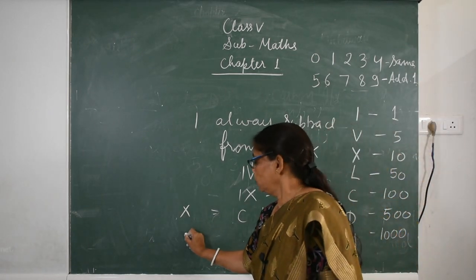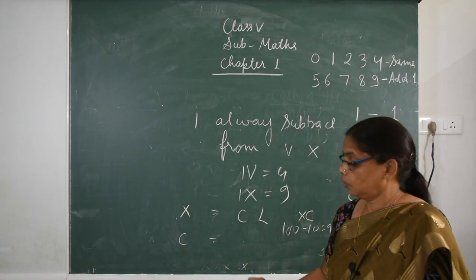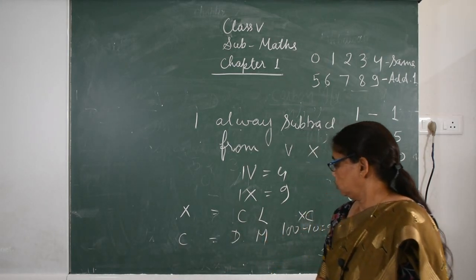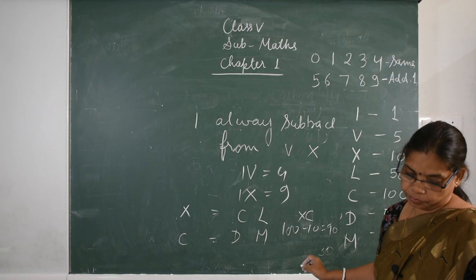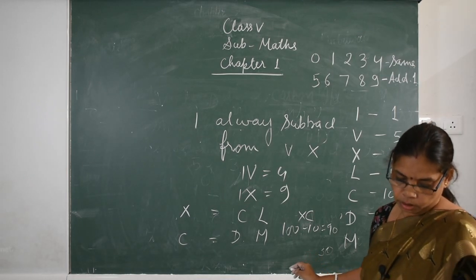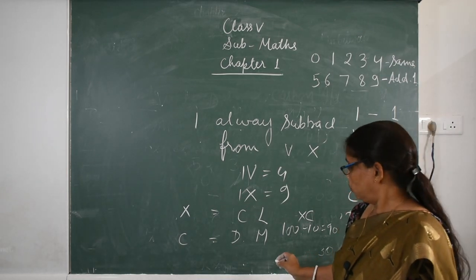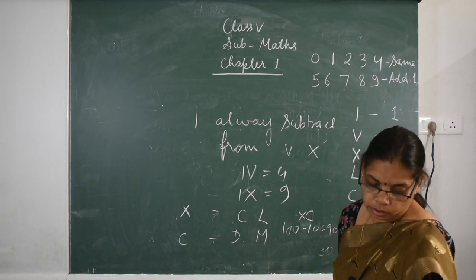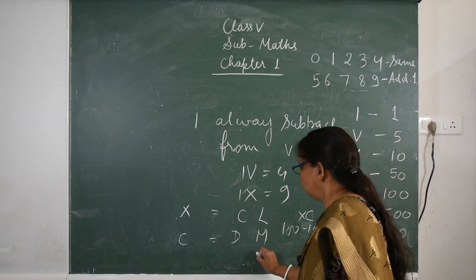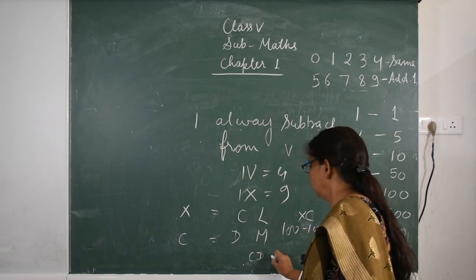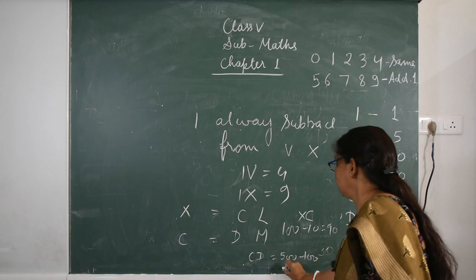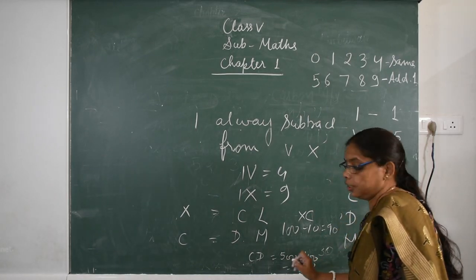And C subtracts from D and M. So 500 minus 100 is equal to 400. Understand?